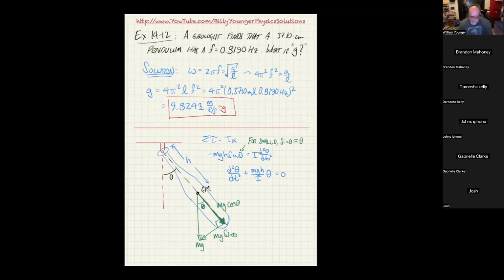So now you can see we do in fact have the simple harmonic oscillator, and what we're going to say is theta is equal to theta 0 times cosine omega t plus phi, where omega is equal to the square root of m times g times h over I.